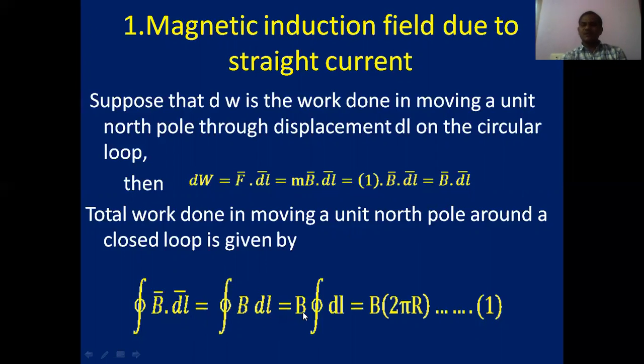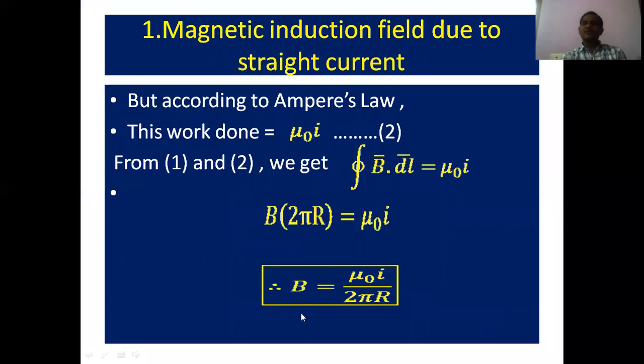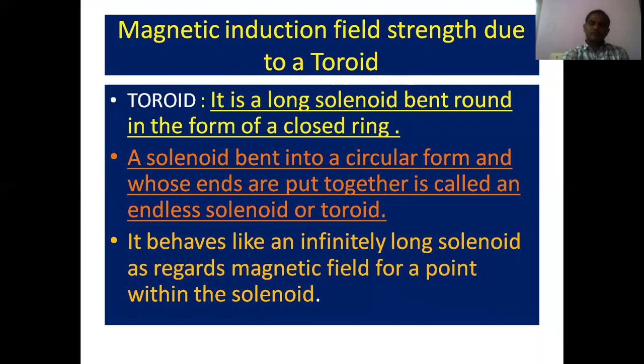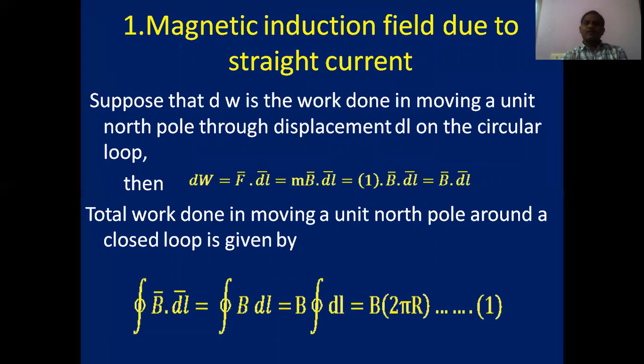Since B is constant at every point, because at every point the distance is the same. Of course, the direction of magnetic field strength is changing point to point on the circular path, but the magnitude is constant, B equal to mu naught I by 2 pi r.